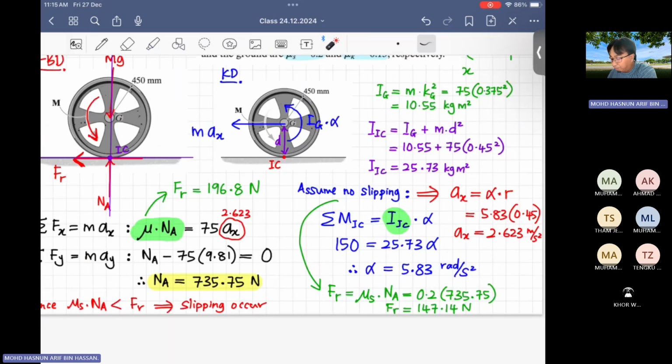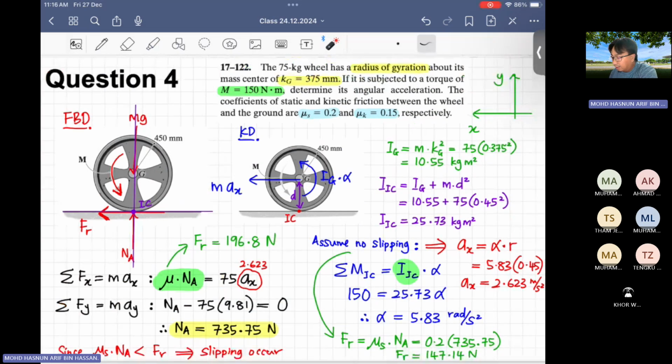So you need to repeat your calculation by not using the formula for no slipping, which is Ax equals to alpha R is no longer valid. And also the moment about IC is also not valid, because when slipping occur, this is not point of IC anymore, because at that contact point, there is velocity, and the value of velocity is not zero.